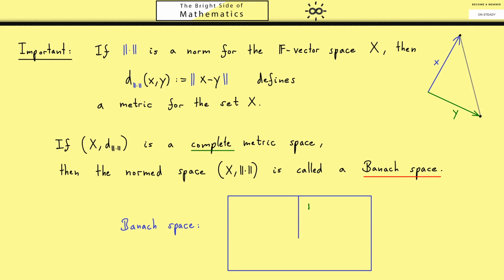On the one hand, we have a real or complex vector space, and on the other hand, we have a complete metric space. And the thing that connects both sides very smoothly is our norm. So please keep that in mind. We don't have any metric here, we have the metric that comes from this norm. And by definition, the norm can deal with the algebraic operations. So this is how I see a Banach space in the abstract sense.